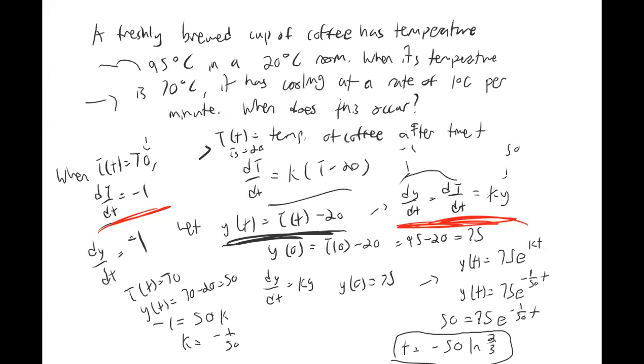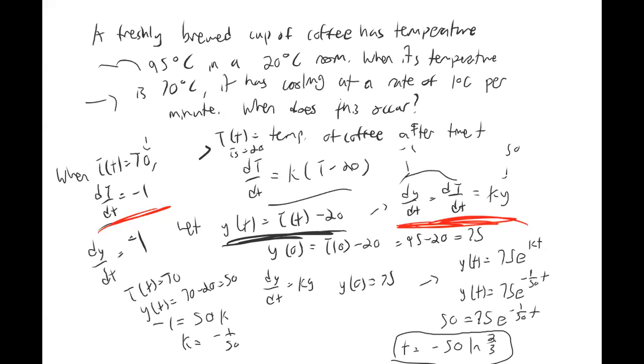I know I went fast, but I was running out of time. Does everyone follow this? Yes? No? Try it yourself for your homework. I'm pretty sure the numbers are changed, but it's pretty much the same.